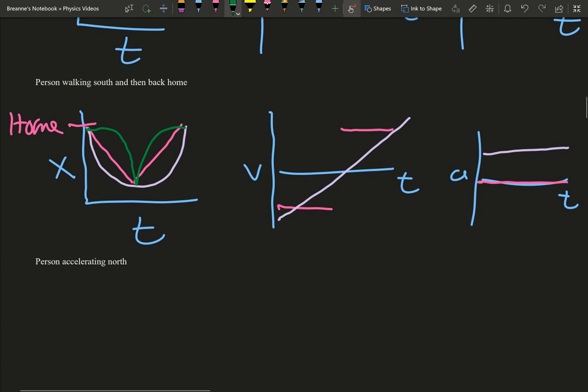So it would look something like speeding up and then slowing down. And those are both negative accelerations. So it would look something like that.